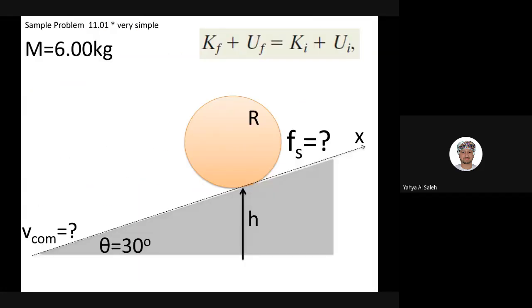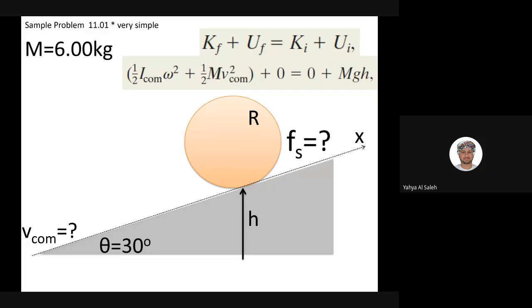My initial kinetic energy plus initial potential energy is equal to my final kinetic energy plus my final potential energy. Initially, I don't have any kinetic energy, but I have my potential energy, mgh. Finally, I don't have any potential energy, but I have kinetic energy of half I com omega squared plus half mv squared.